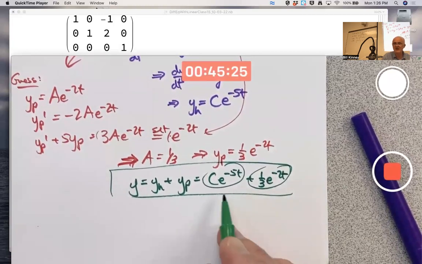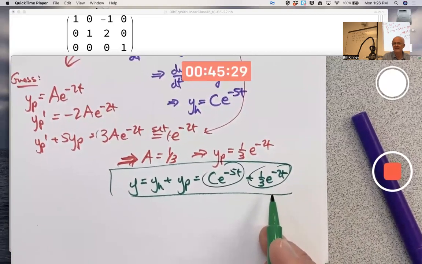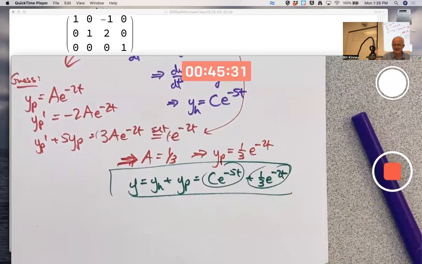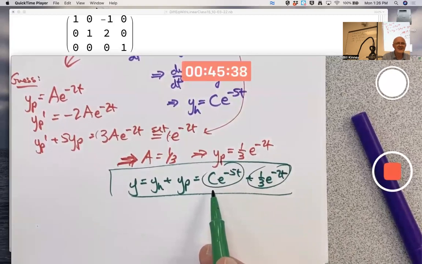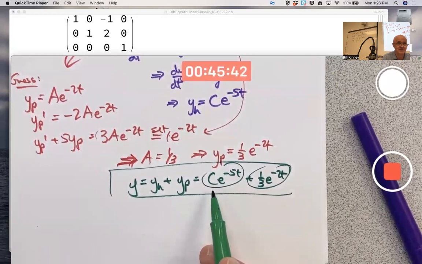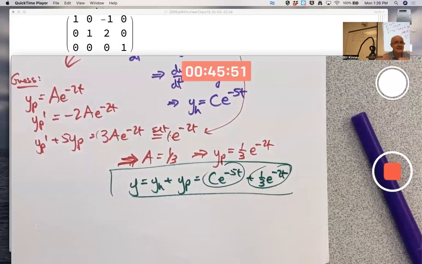You pretend these functions, e to the negative 5t and 1/3 e to the negative 2t, are points in some function space. And C can be any real number. This traces out a line in that function space. What? I am being serious. I am not joking with you. Is this a useful thing to do? Yes, because it unifies things by analogy.